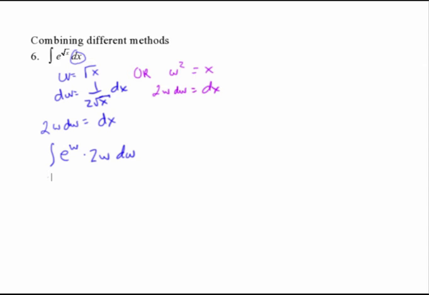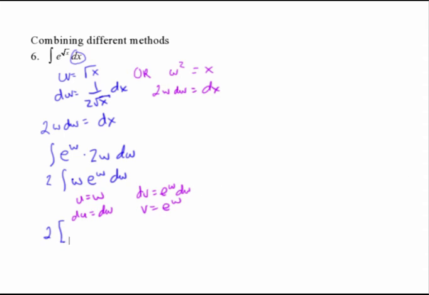If we take out that 2, we have w e to the w dw, and now we can do our integration by parts. u equals w, du equals dw, and dv equals e to the w dw. v is e to the w.